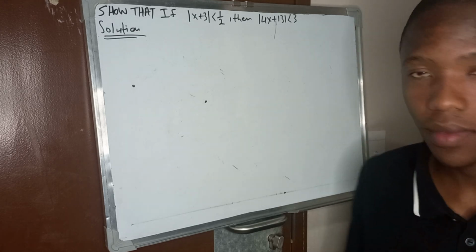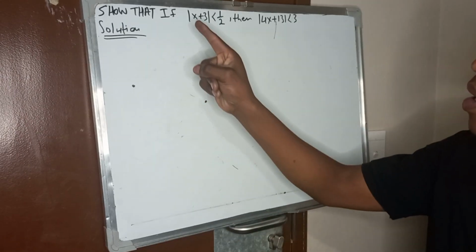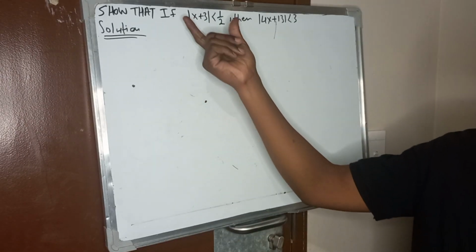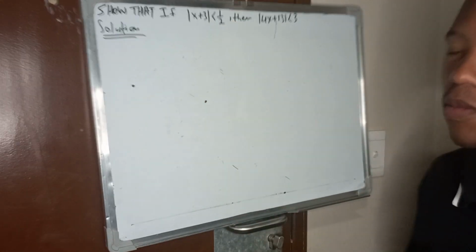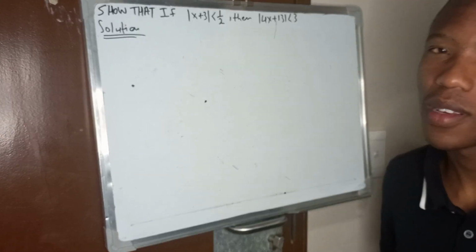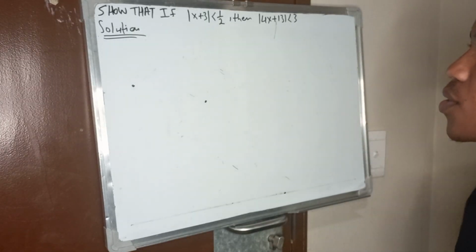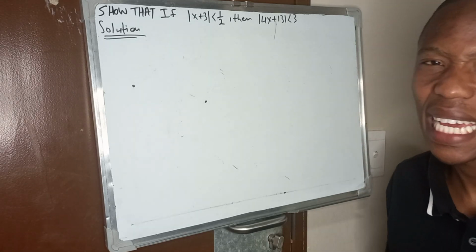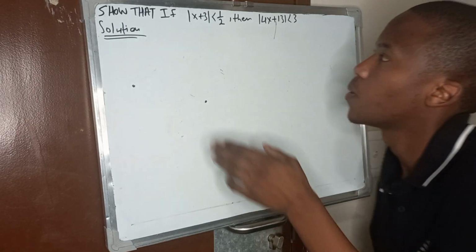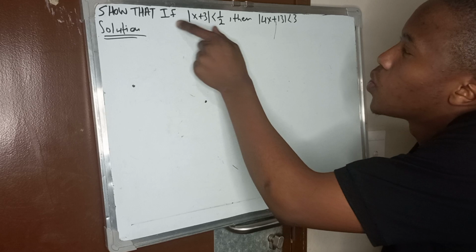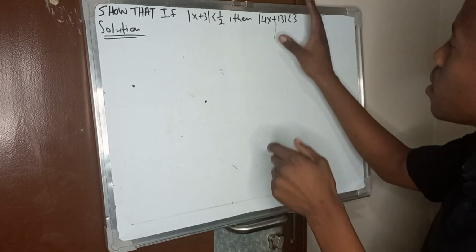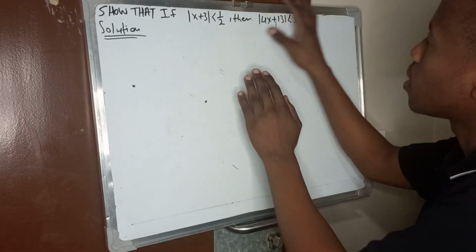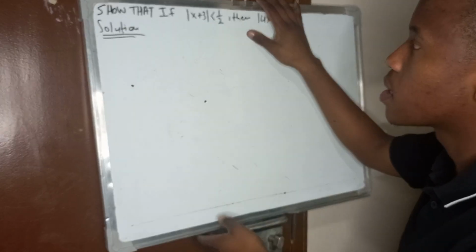Whenever you meet these if-then problems, what I've noticed is that in many of them we have to use what we call a direct proof. So you treat this as if you have not seen it.